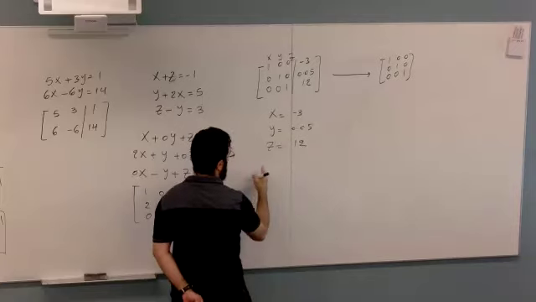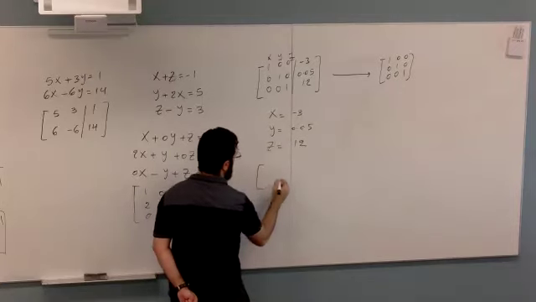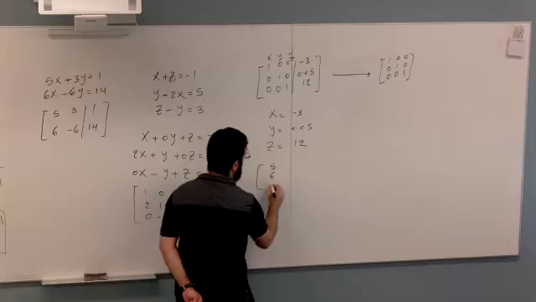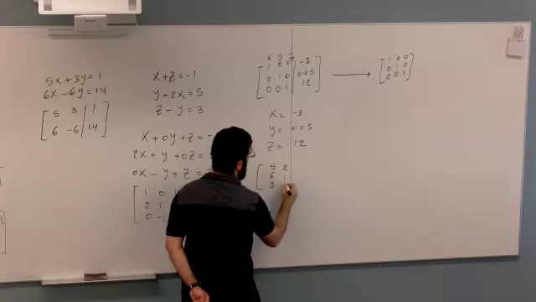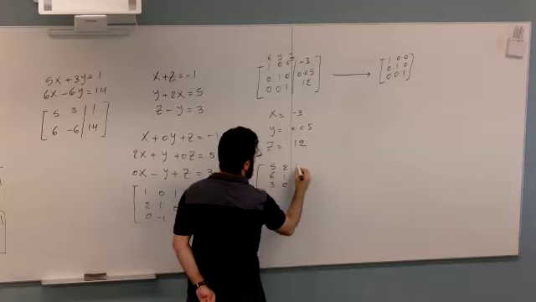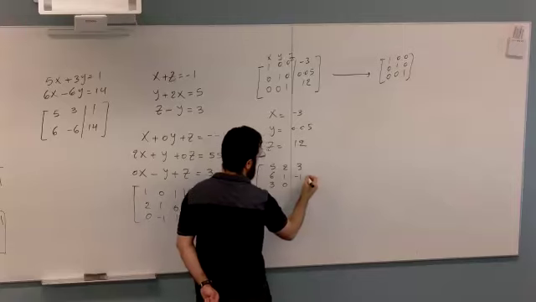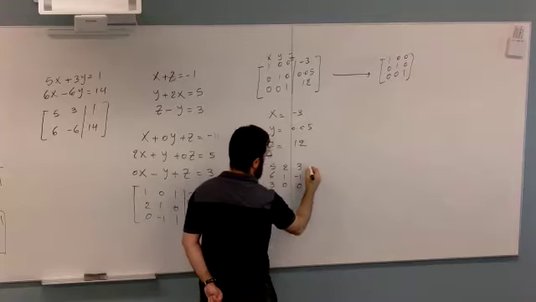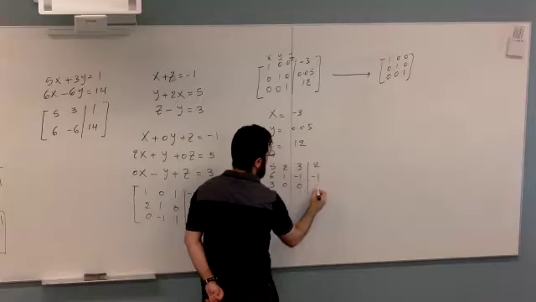Let's do another one. This is not in the notes you have. 5 6 3, 2 1 0, 3 negative 1, 0 0 2 negative 1.